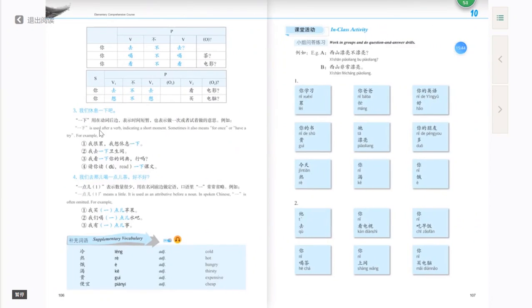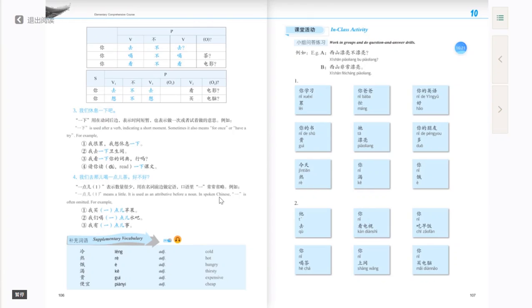There is a quick note here, so let's quickly go through. 一下 is used after a verb indicating a short moment. Sometimes it also means for once or for a try, right? Okay. And 一点儿, compared to 一下, means a little. It is used as an attribute before a noun, to make it attributed to the noun, okay?